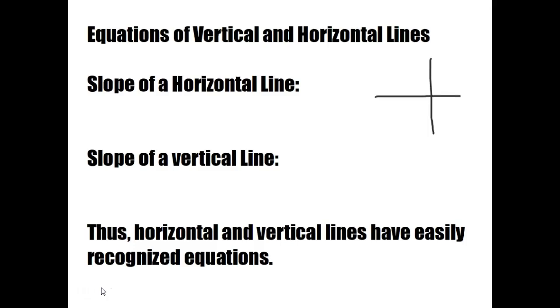The slope of a horizontal line is special. It is 0. The slope of a horizontal line is 0.